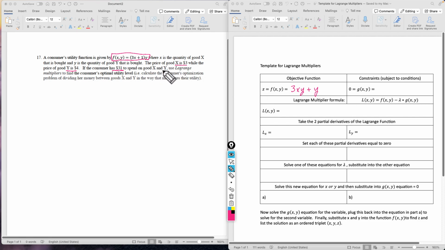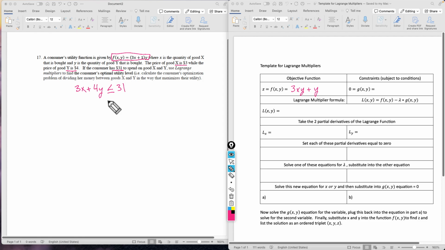So that's where we got to set up the constraint, right? Each x that we buy will cost us $3, so that'll give us 3x. Each y that we buy will cost them 4y, and they only have $31, so this total cost of what they're buying, unless they got a credit card in their pocket, has to be less than or equal to $31.